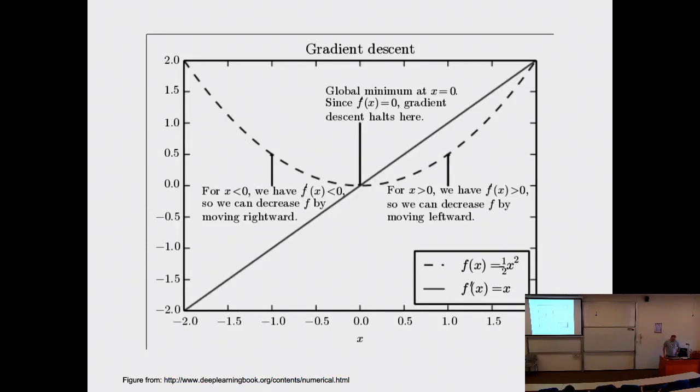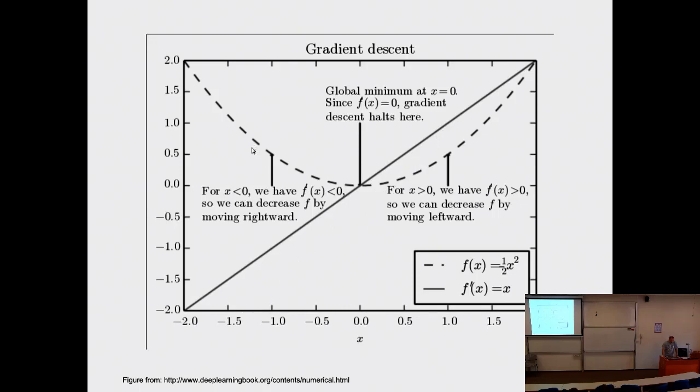Okay, so here's a very, very simple y equals x squared example. The dotted line is my objective function. At x equals 0, I have a minimum, and this is a global minimum. My gradient is 0 here. Here's the solid line, which shows my gradient. It's basically equal to x.